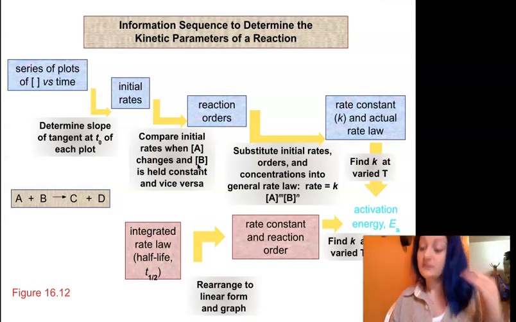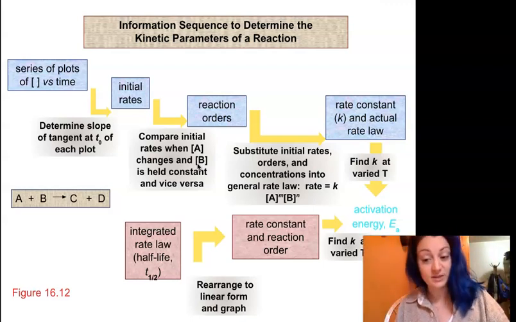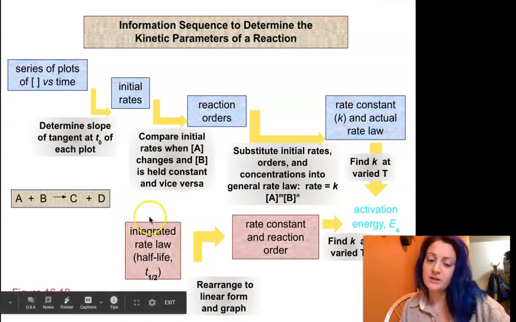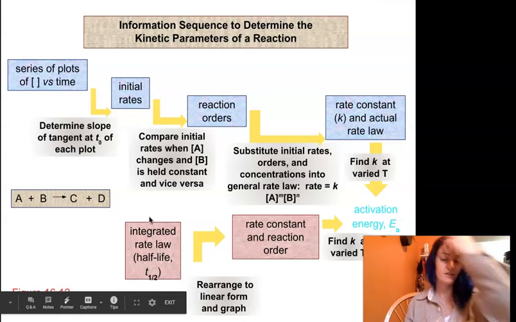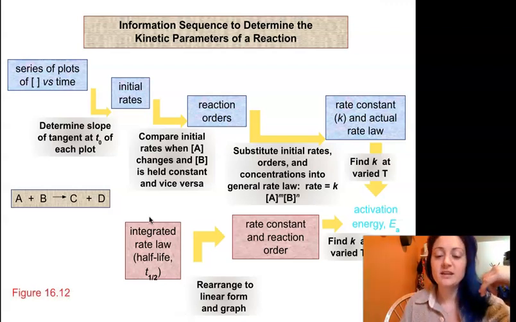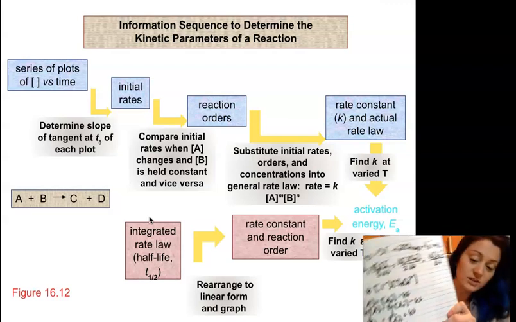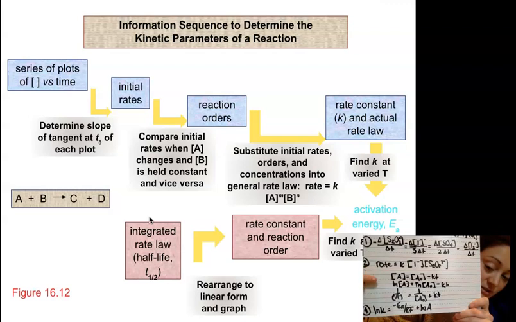Now, the next thing that we looked at, step 3 here, was jumping down to this integrated rate law and half-life. This is for if you don't have initial rate data, you can integrate the rate law and then calculate the reaction order. So this is where you need to be familiar with these three equations here.